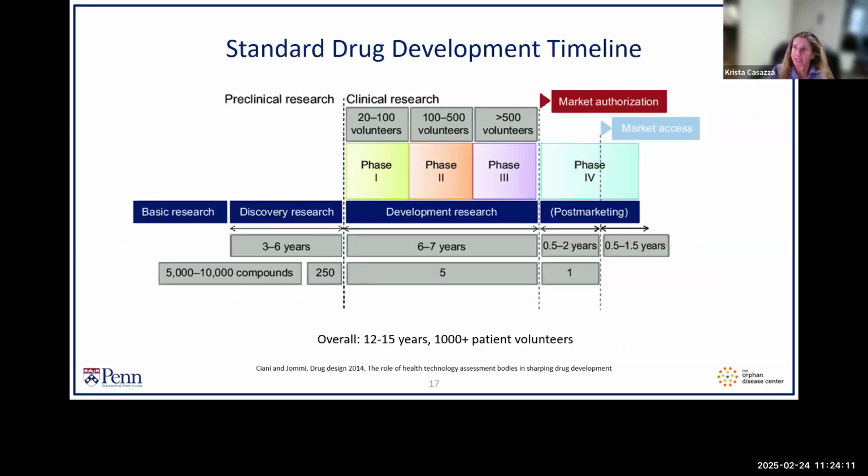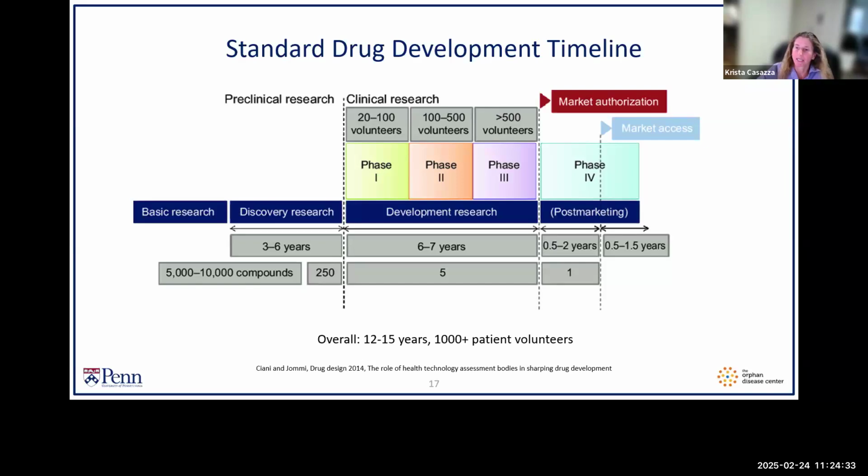Here, in fact, is the standard drug development pipeline, and in the context of lysosomal diseases, biomarkers are particularly crucial for measuring disease progression and treatment response.